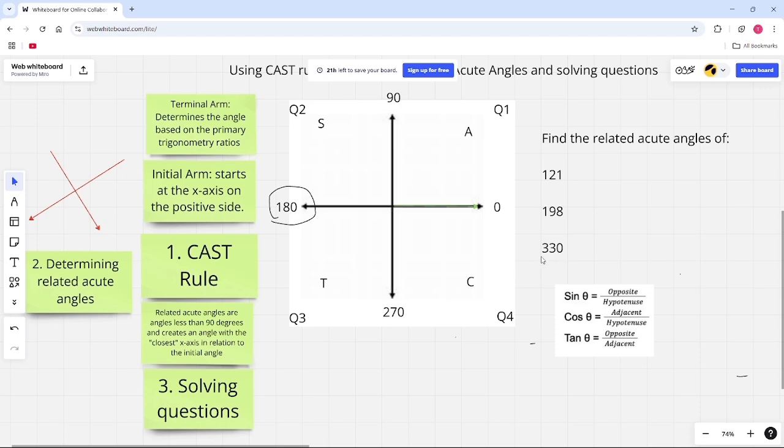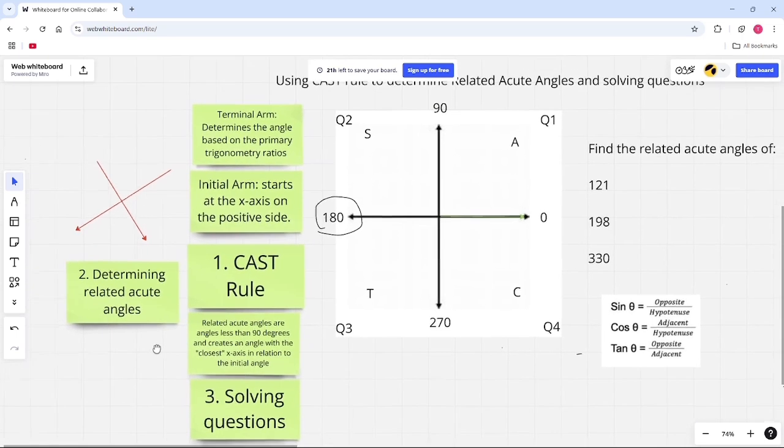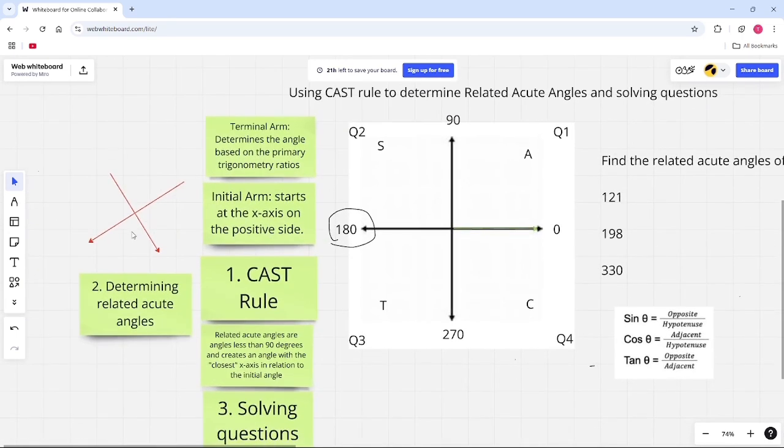So let's take a look at a different example. Let's take a look at 330. So 330 will be in quadrant 4, because it has to be greater than 270, but also less than 360. So that means 330 degrees is in quadrant 4.